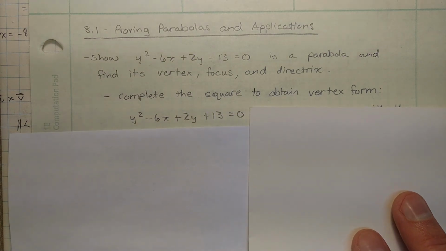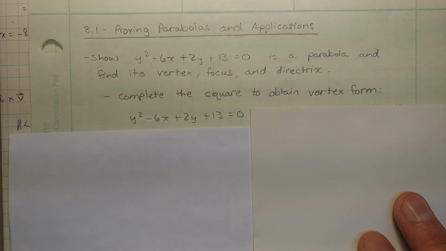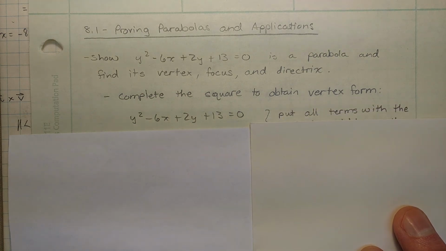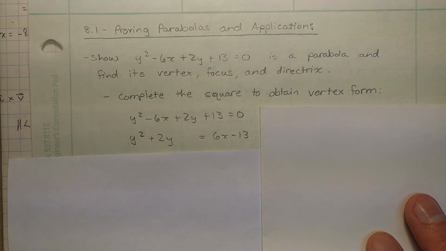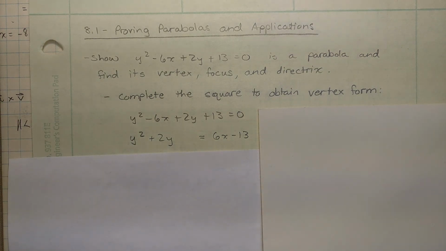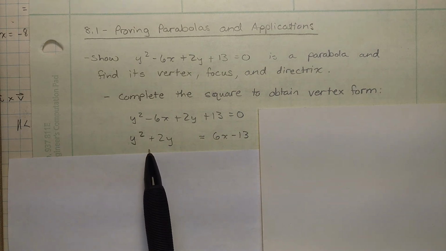I'm going to go ahead and start from here. This is my equation just as I see it. The first thing I'm going to do is move everything. Notice the y is the squared variable, so all the y terms are going to stay on the left.